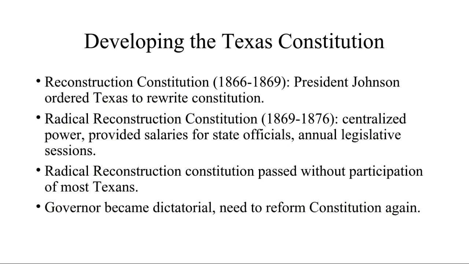Okay, so after the Civil War, of course, we couldn't keep an outdated constitution that declared allegiance to a body that no longer existed. So President Johnson ordered Texas and every state that was part of the Confederacy to rewrite their state constitution. Slavery obviously had to be made illegal.